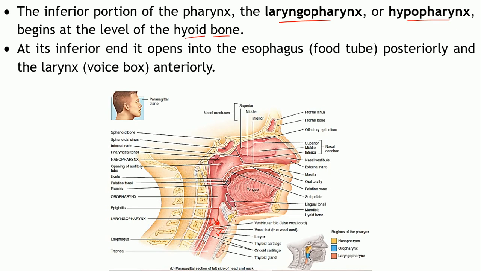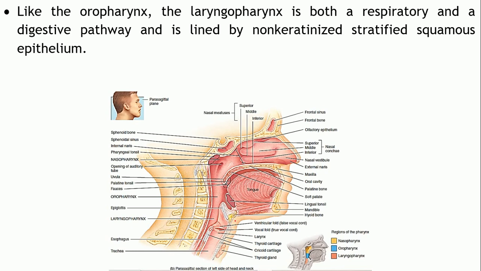Okay, so again this particular part, laryngopharynx, just like your oropharynx, it also belongs to both these systems, right? Respiratory as well as digestive pathway. Okay, because it will help in conveying both the air which is entering from the nasopharynx as well as the food which is entering from the oral cavity in the appropriate parts. So oropharynx as well as laryngopharynx, both are the parts of respiratory system as well as the digestive system.